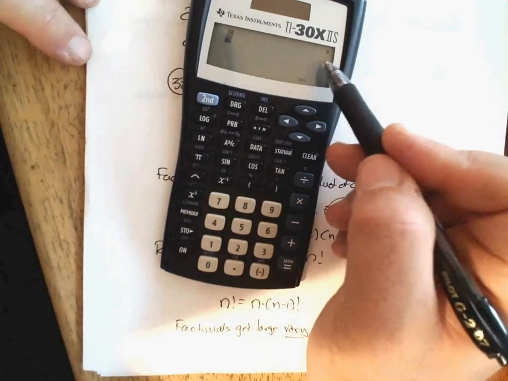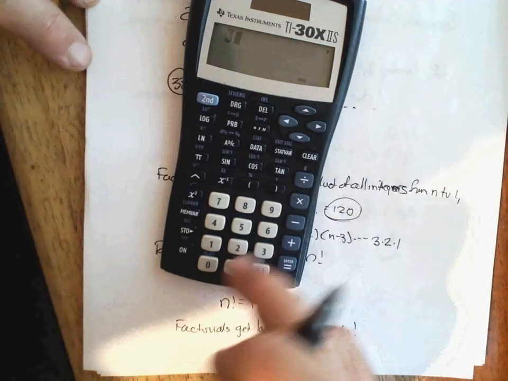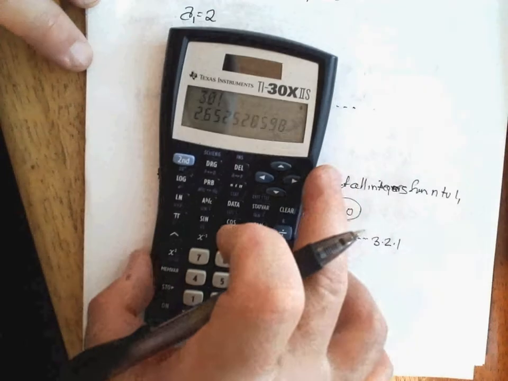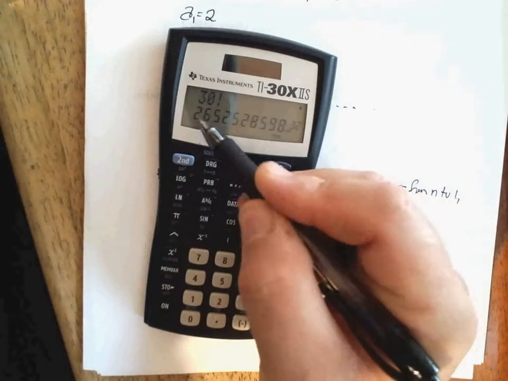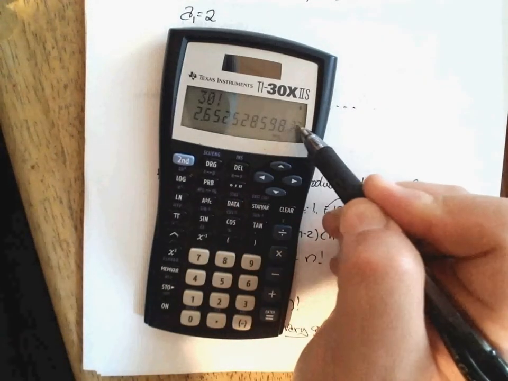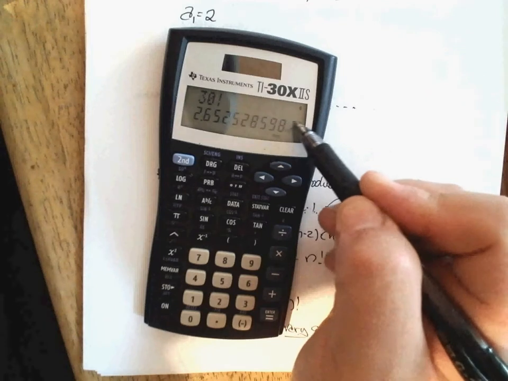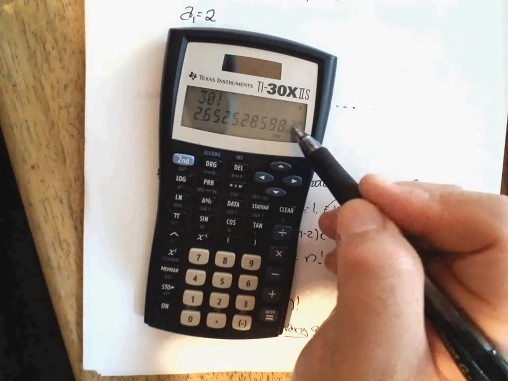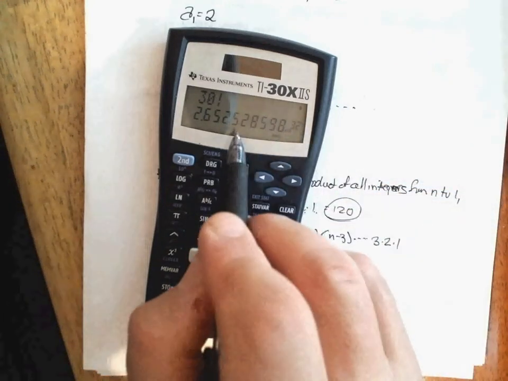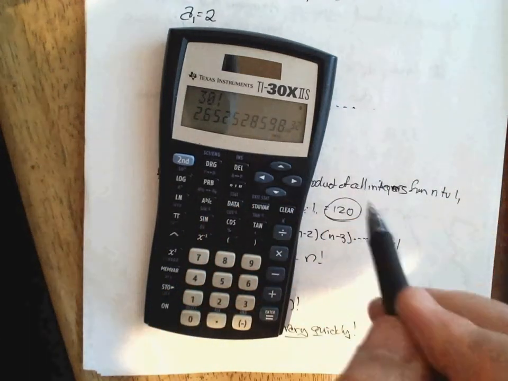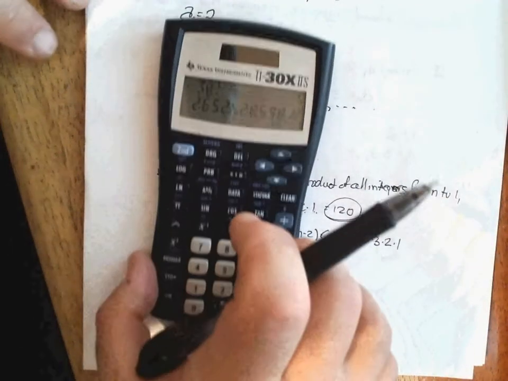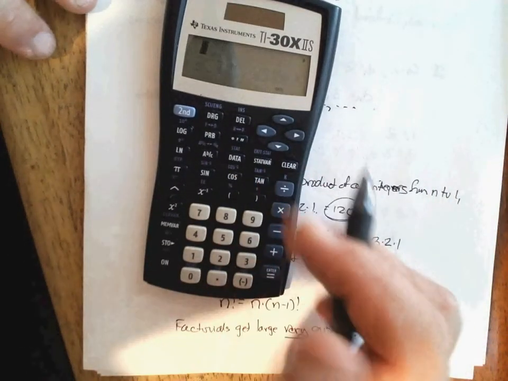Now, in fact, on this calculator, it only allows 2 digits for the powers, right? So, for example, if I do 30 factorial, you may notice here, this is 2.65 times 10 to the 32 power. It can only use 2 digits up there in the power, meaning it can at most go to 10 to the 99th power, or 99 decimal places, so that we have to move this decimal over.